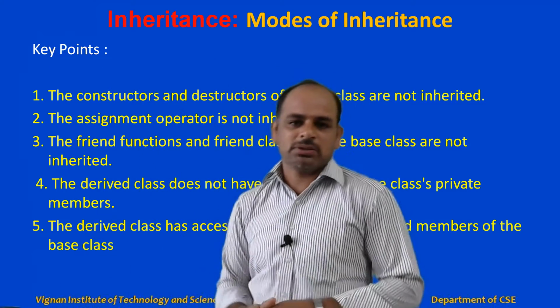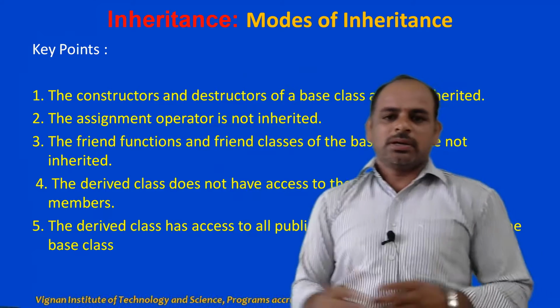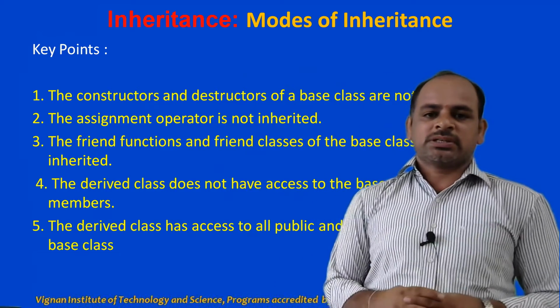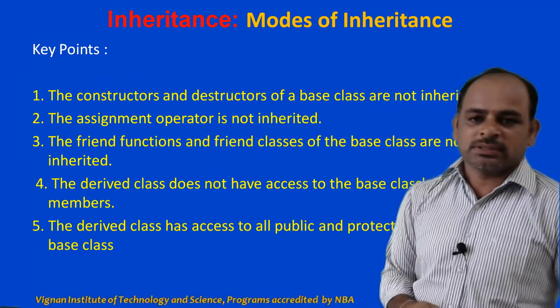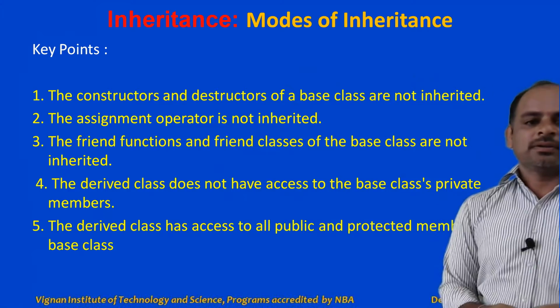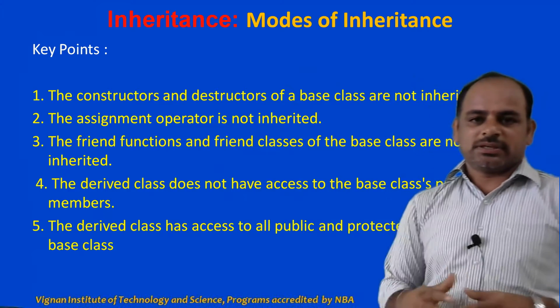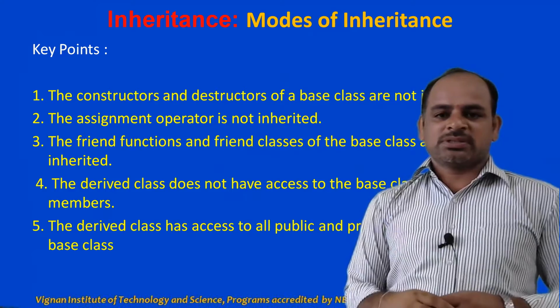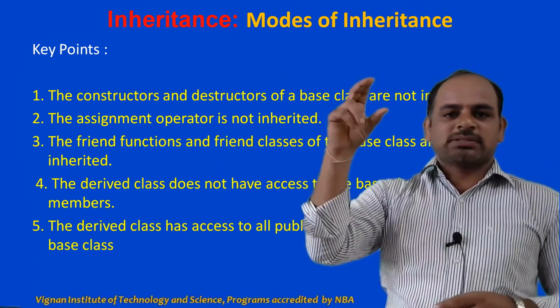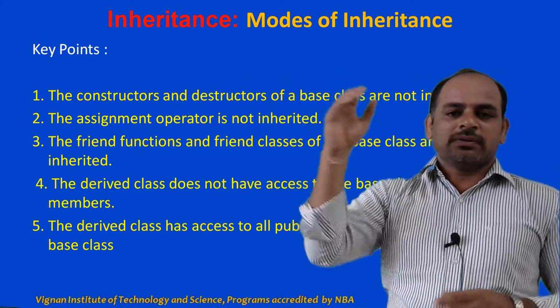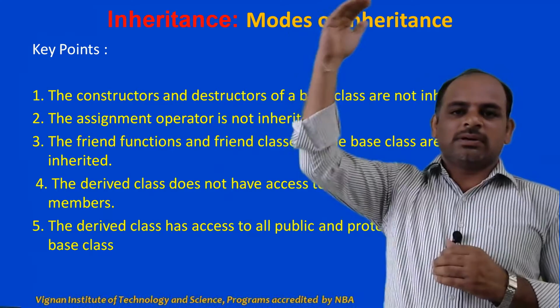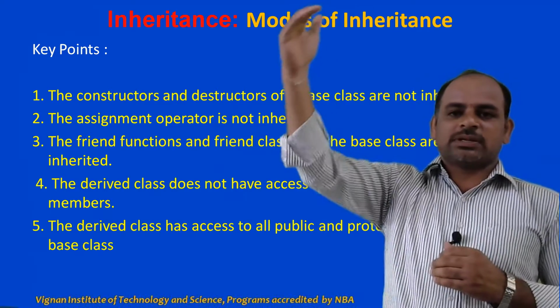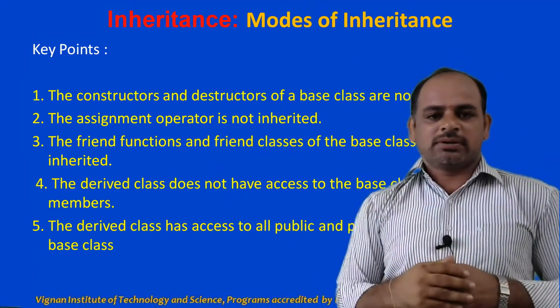So there are some key points regarding this. In inheritance, the constructors and destructors of a base class are not inherited in any case. Suppose the base class has constructors and destructors. When a class is derived from the base class, the constructors and destructors of the base class are not inherited into the derived class.